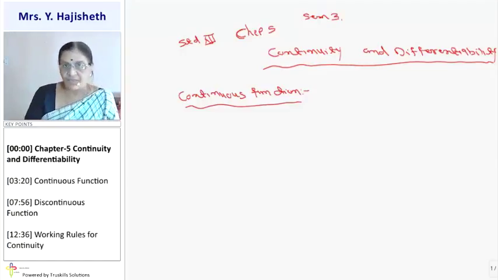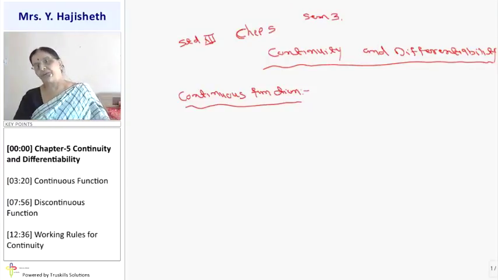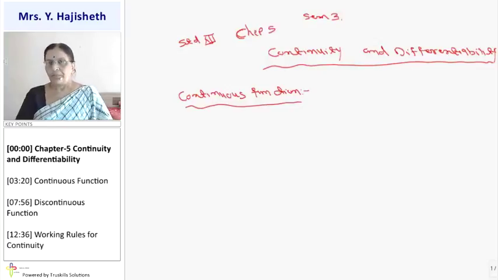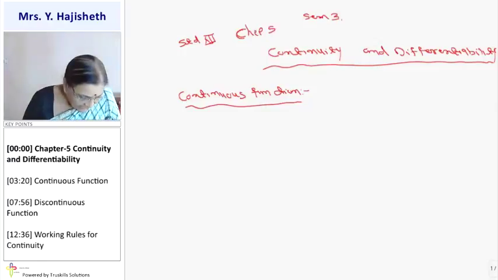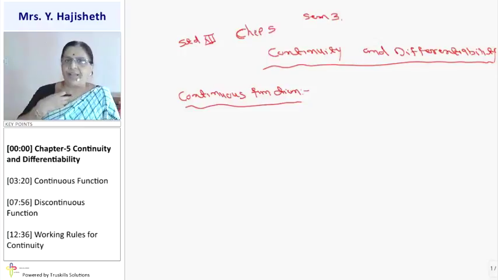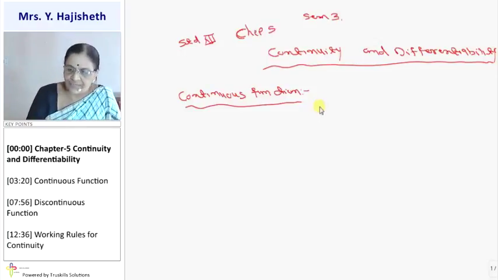First, limit x tends to c of f(x) must exist, meaning its right-handed limit and left-handed limit must exist. Second, f(c) must exist, meaning f(c) must be defined. And third, limit x tends to c of f(x) must be equal to f(c), meaning the limit is not just any finite number, it should be equal to the value of the function at c. If these three conditions are satisfied by any function, then I can say that f is continuous at c.